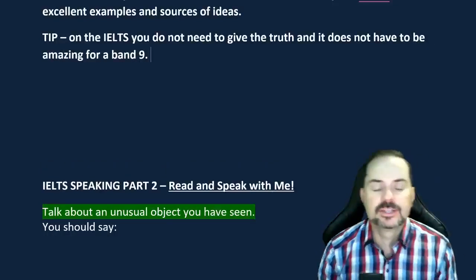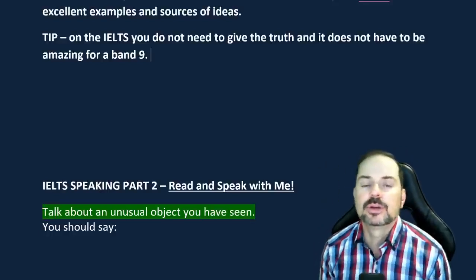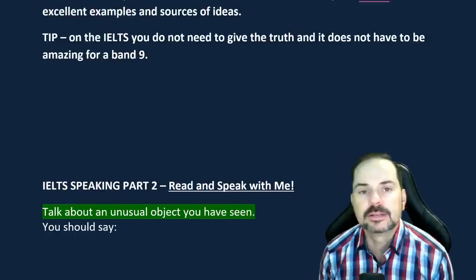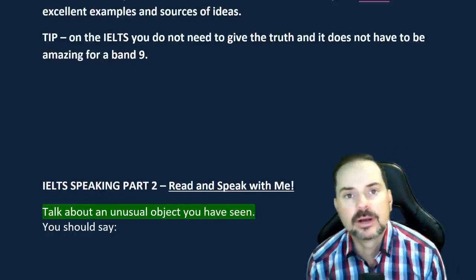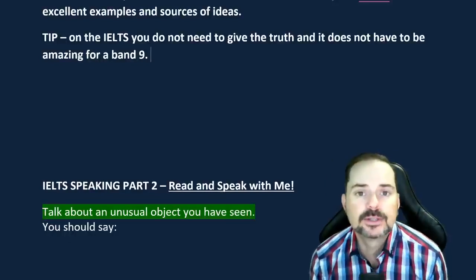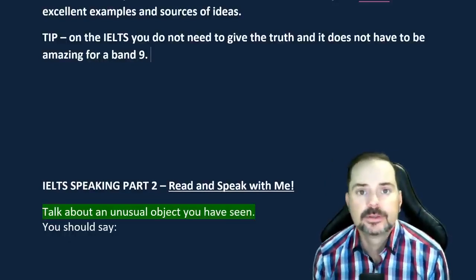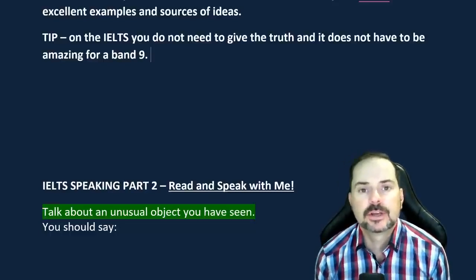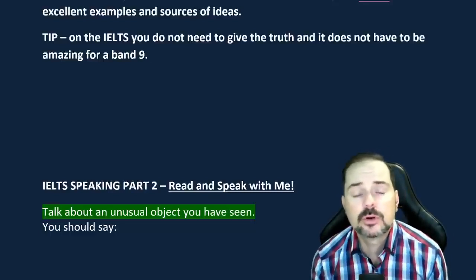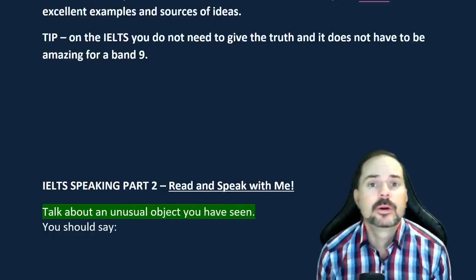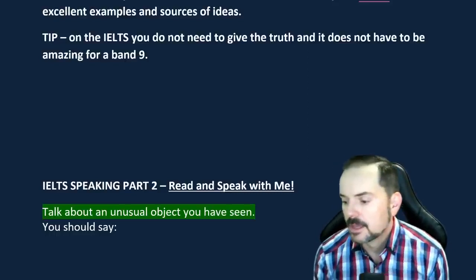What I mean by that is you don't have to come up with some really crazy object that nobody can figure out or think about. It can be something that's unusual but still quite common. So you can think about objects that the examiner will also know, but maybe you don't see them every single day around you.